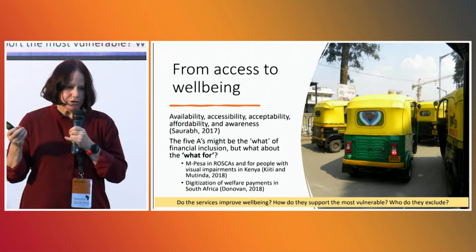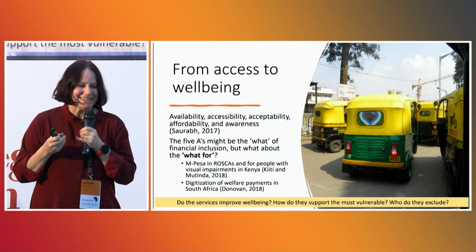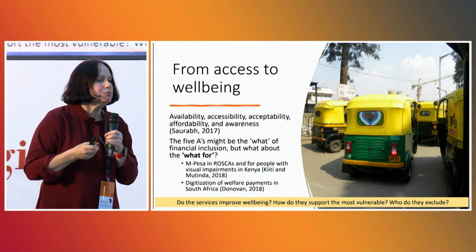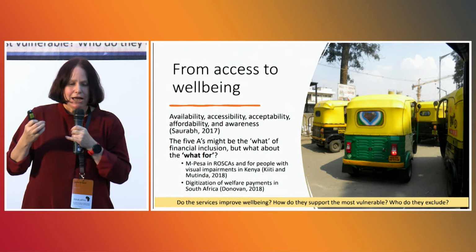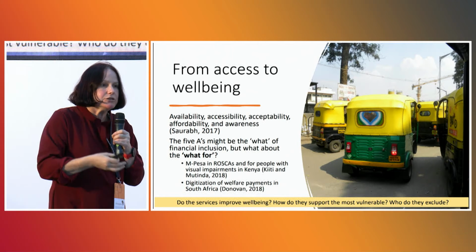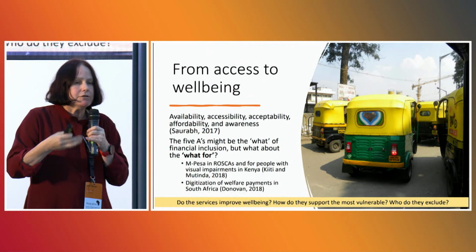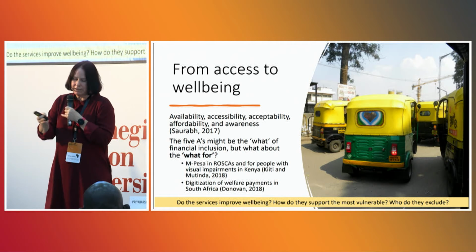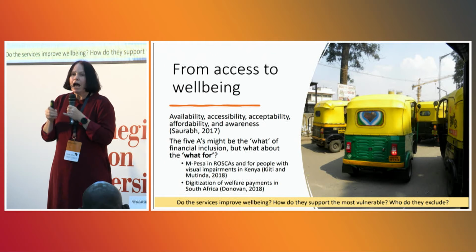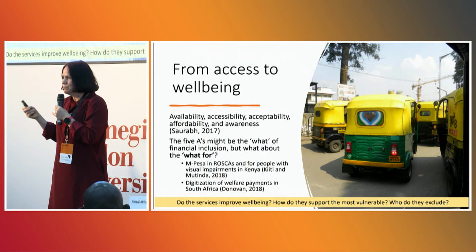So we've got the 5 A's, which are the what of financial inclusion, but what about the what for? Even the best designed mobile money digital payment systems that should encourage financial inclusion can have detrimental effects at some time, as some research has shown. Again, I'm not against the use of technology, but I don't think it's the most important factor.